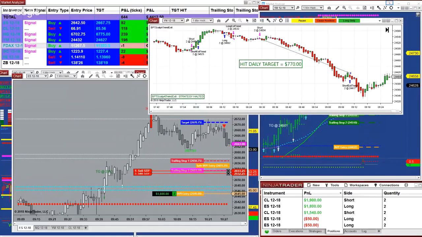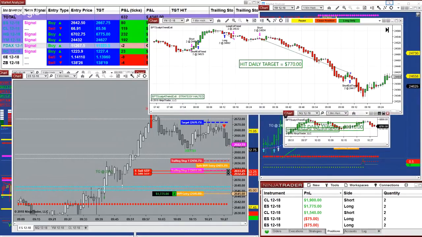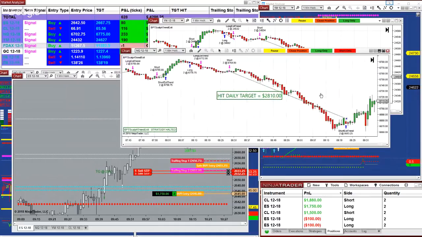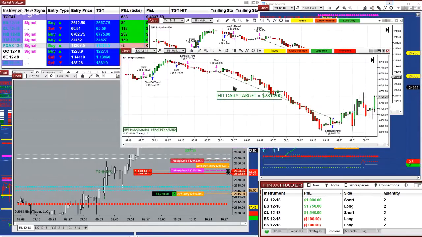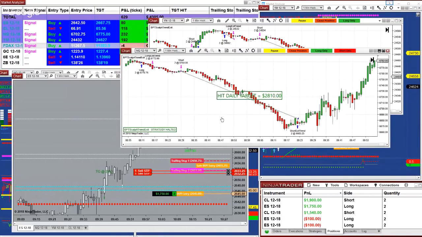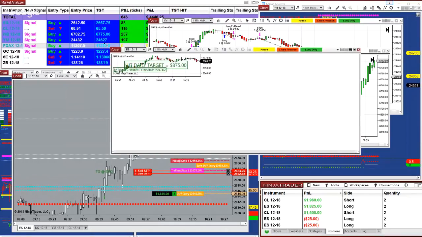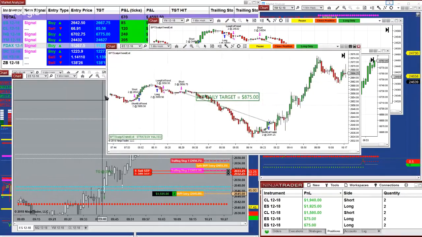And this is the NASDAQ. NASDAQ did very well on that last trade, 2810. And the ES, 875.